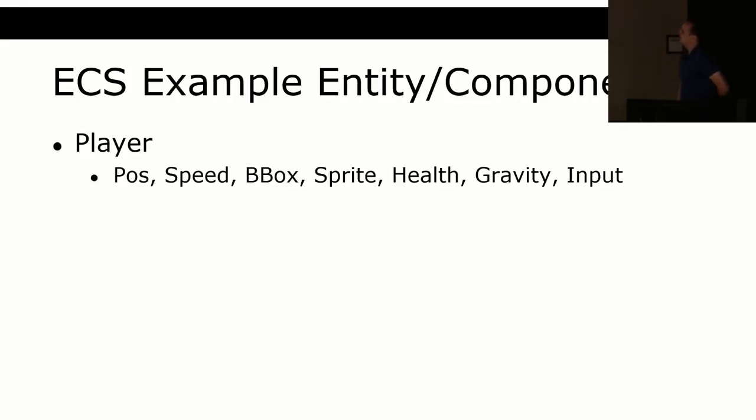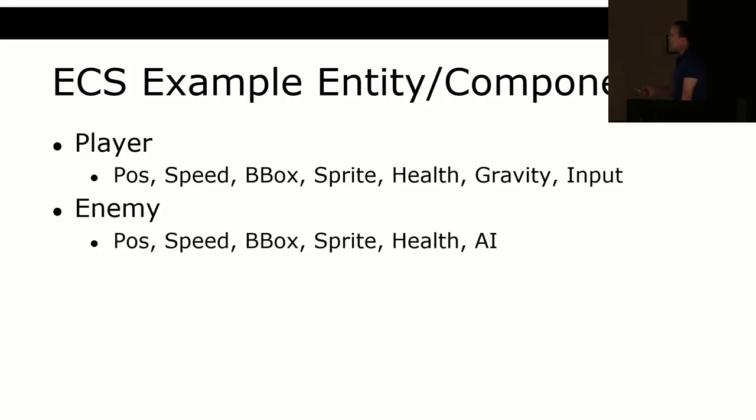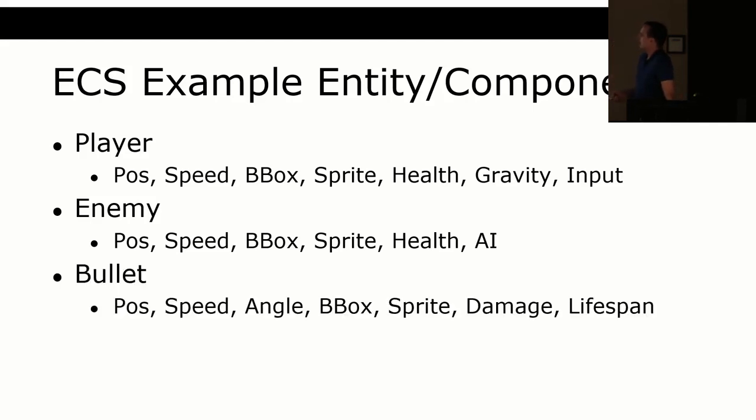So here's an example. If you have a player, that player may have a position, a speed, a bounding box, a sprite, health, gravity, and input. That would maybe make up the player in the game. An enemy may have a position, speed, bounding box, sprite, health, and an AI component. A bullet may have these things as well, but it may have a damage component.